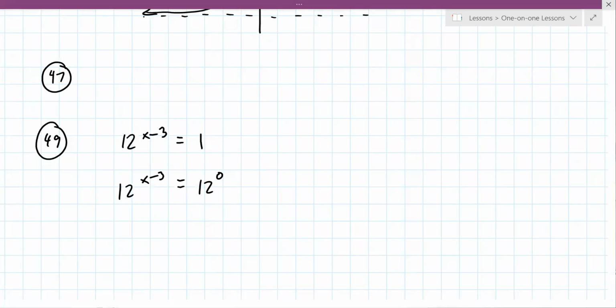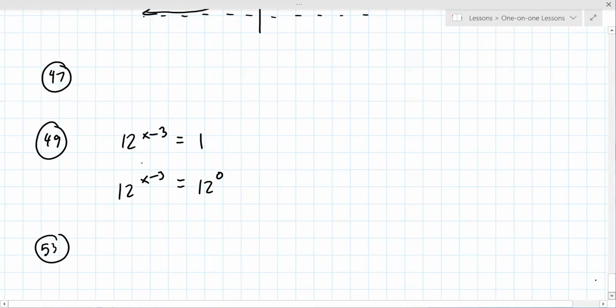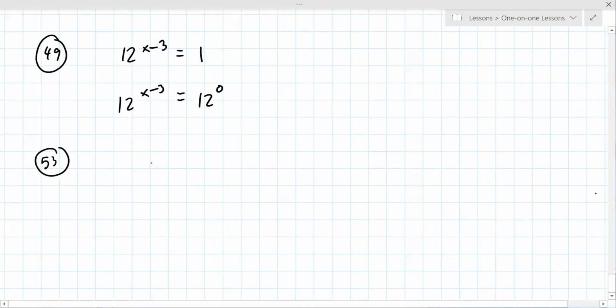27 to the 4x. I can make their base 3. Yes, exactly. Is it 3 cubed that makes 27? It is. Okay. It's 3 cubed to the 4x equals 3 squared to the x plus 1.